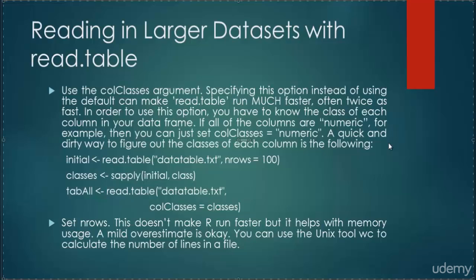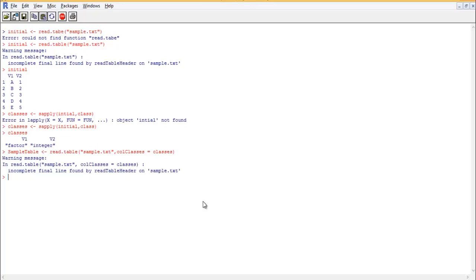I'll show you the next thing. Setting nrows is simple. Let's say you want to read only the top 2 rows of sample.txt. I'm creating a variable called top2, and I'm using read.table of sample.txt, comma, nrows equal to 2.